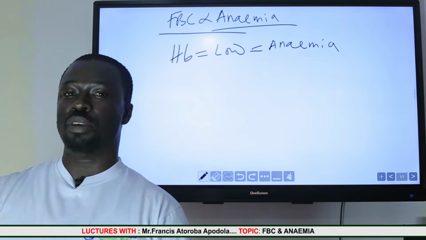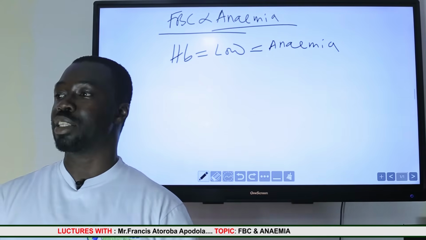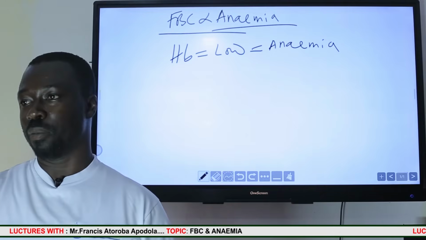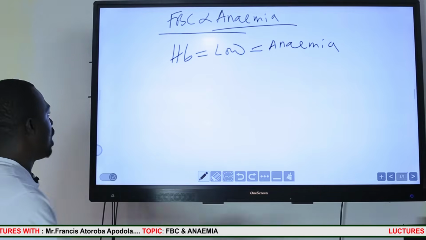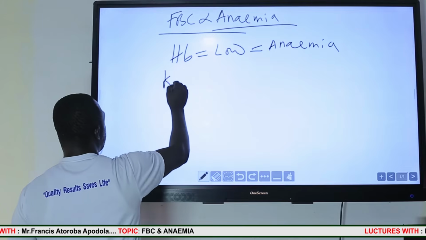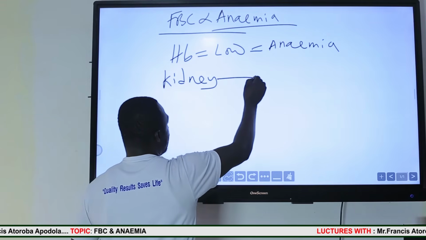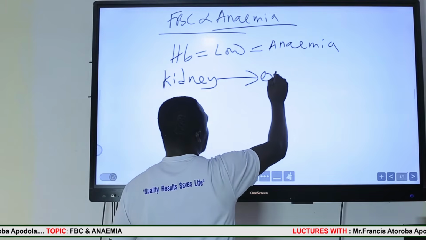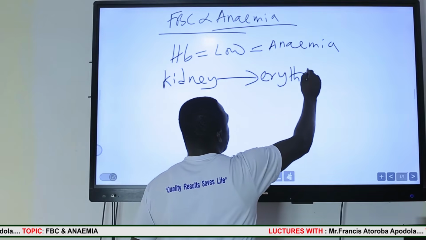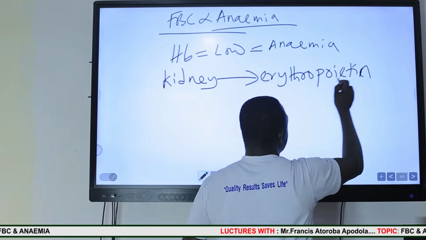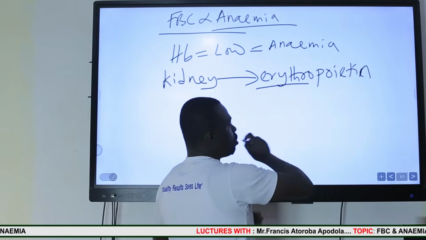One of the manifestations of somebody who has chronic kidney failure is anemia, because the kidney actually contributes to the production of red blood cells. The kidney produces a hormone called erythropoietin. As the name implies, erythro is coming from erythrocytes.